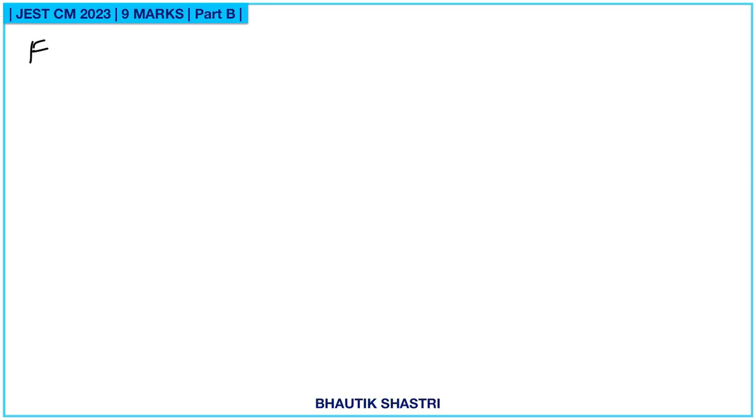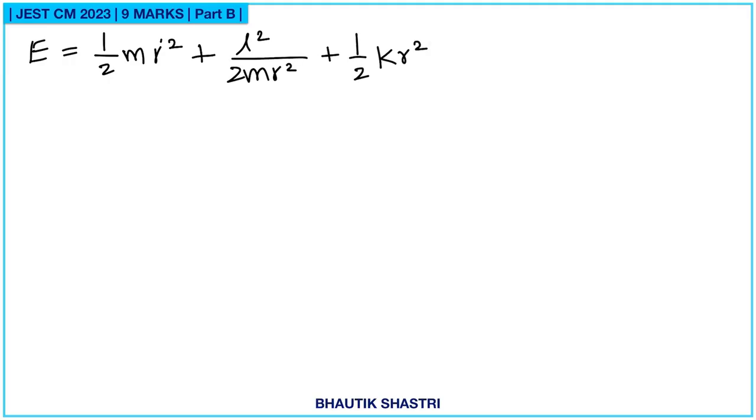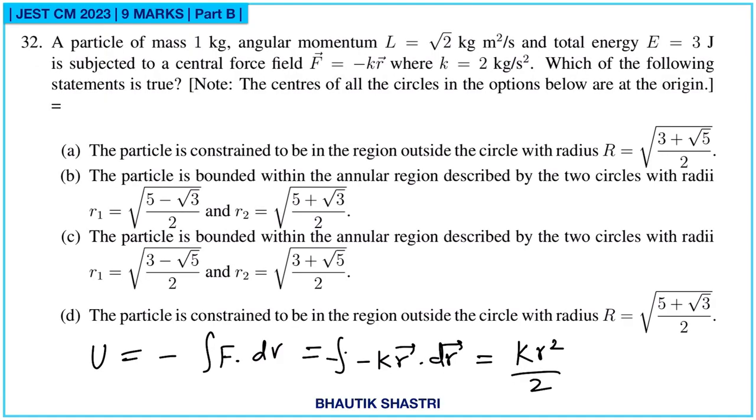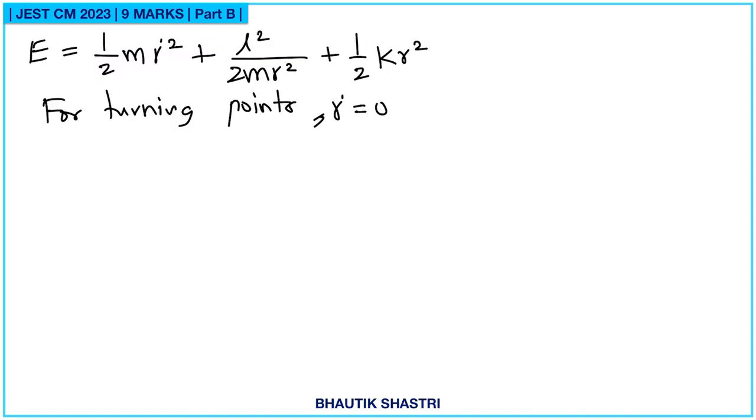Now the energy will be half m r dot square plus L square by 2 m r square plus half k r square. So this is kinetic energy plus potential energy, and for turning points r dot should be 0. We want to find out the radii of the particle's constraint, so we'll consider turning points.